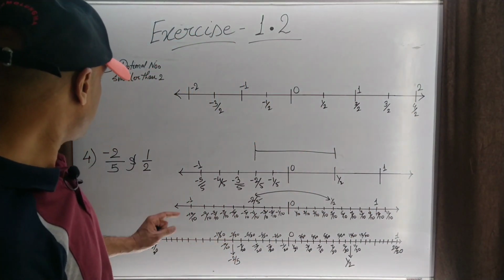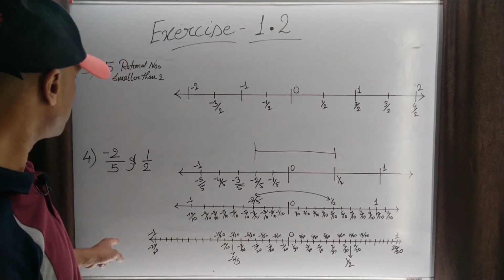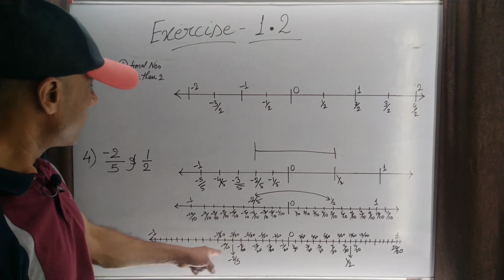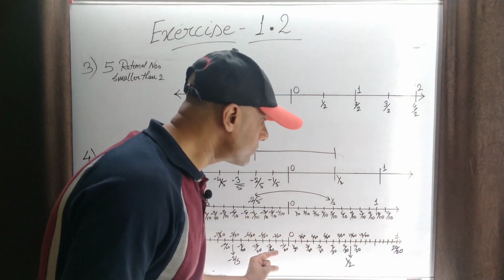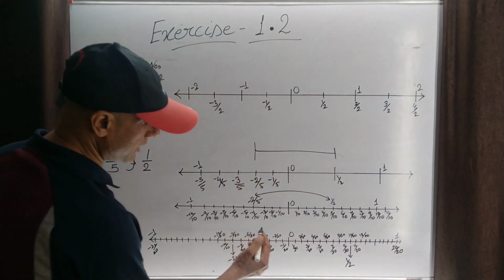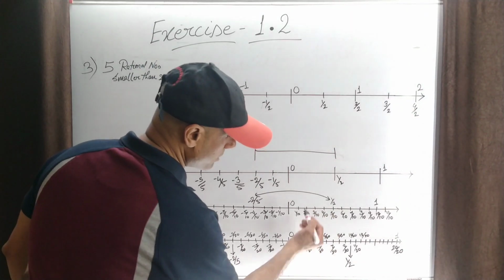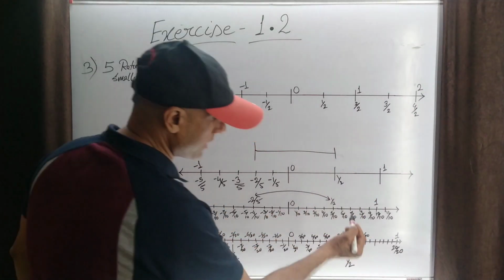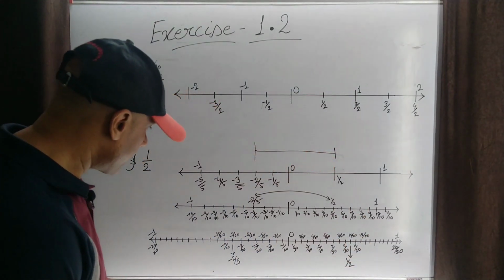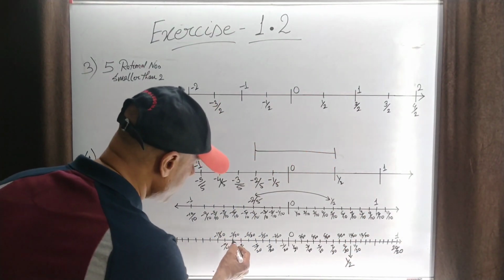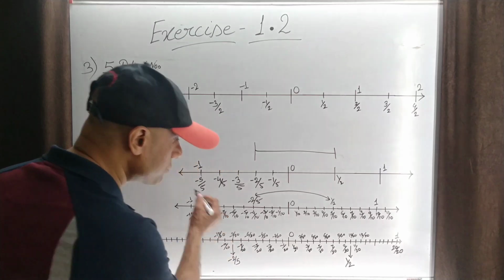So what I have done, I have multiplied by 2. So this time we have divided each segment from 0 to 1 into 20 equal parts. So here lies 1 by 20, 2 by 20, 3 by 20, like that, and 10 by 20. Here lies 1 by 2, and on this side minus 8 by 20, which is minus 2 by 5.